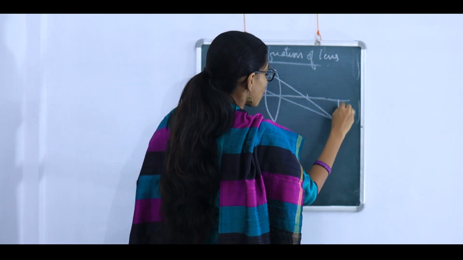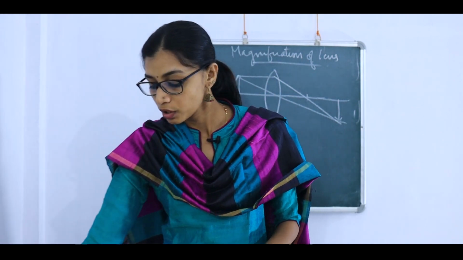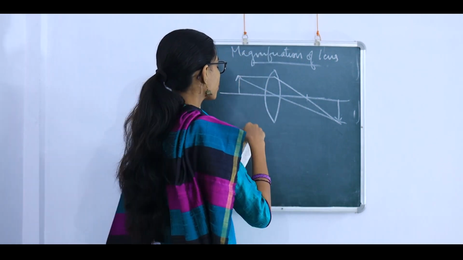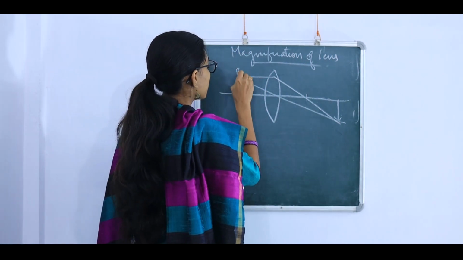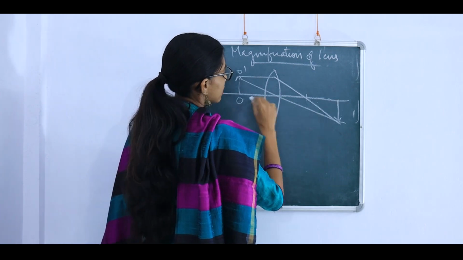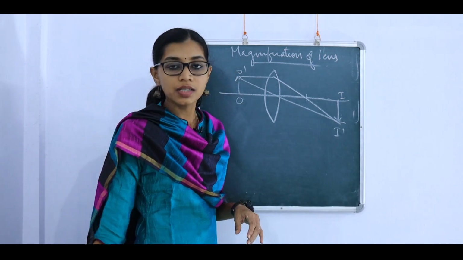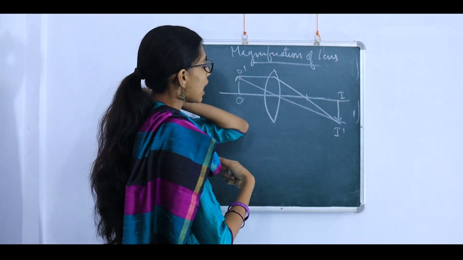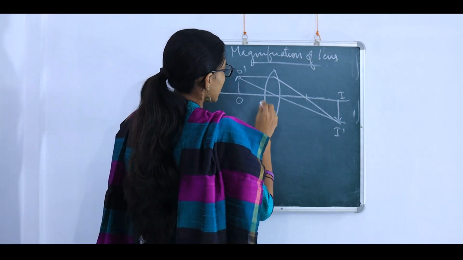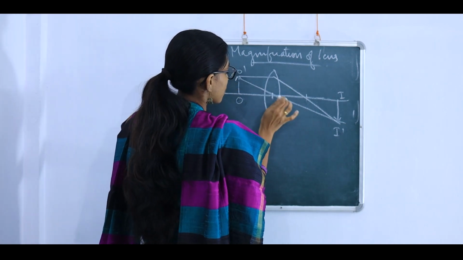They meet at a point and we have our image there. Now depending upon where you place the object, it changes. So you can say A, B, or we will keep it as O, O dash, and in the same way you will have I dash. So this is how the figure is.